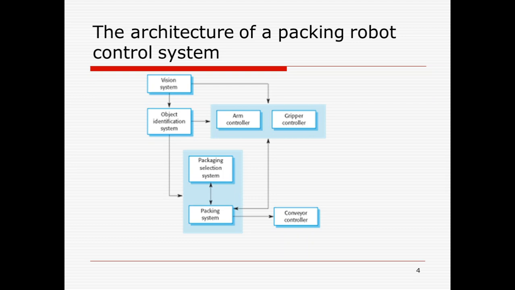It has these main components: the vision system, the component used to identify objects, that is the object identification system, the arm controller, and another component which is the packaging selection system.